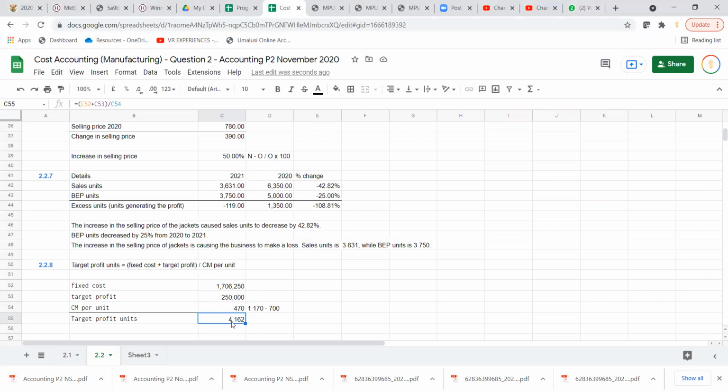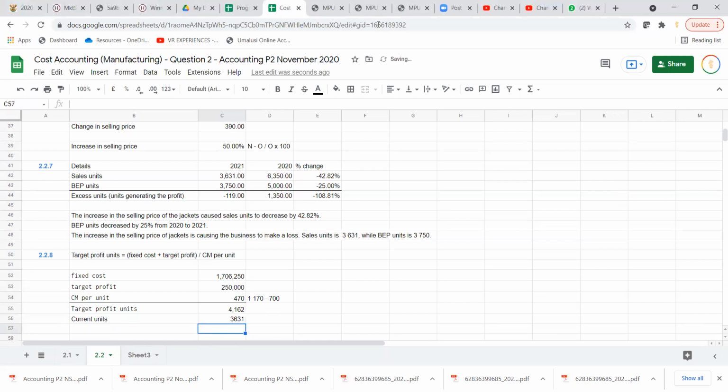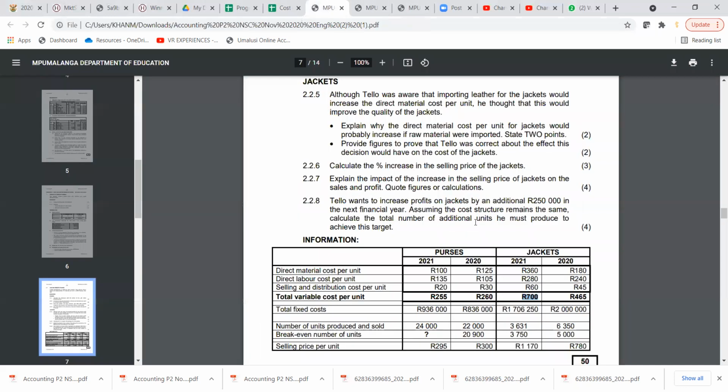The question asks how many more additional units. So we need to say current units. So remember the current units is 3631. That's the current number of units that we are selling at. Yes, we are currently selling 3631 units.